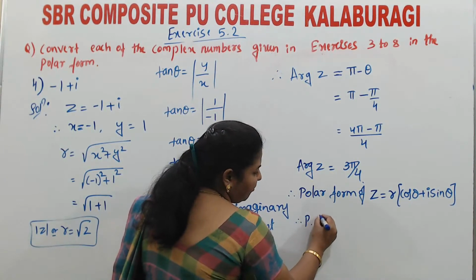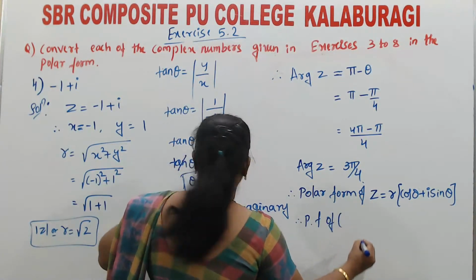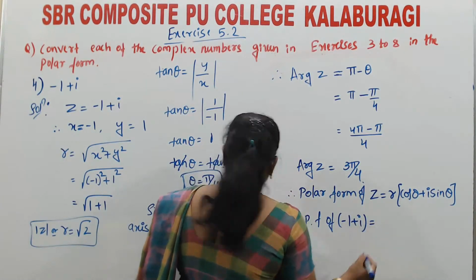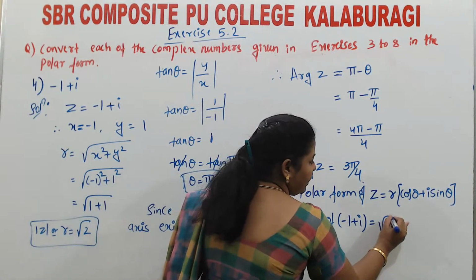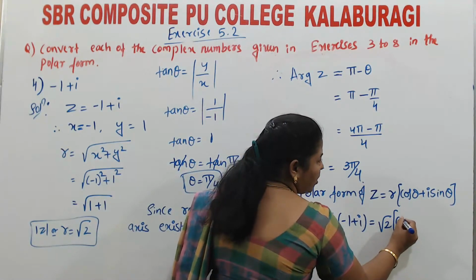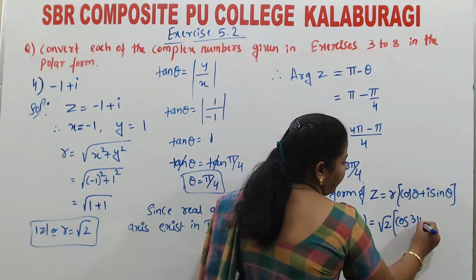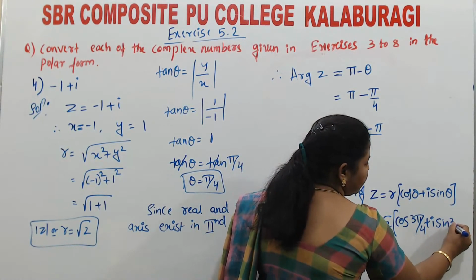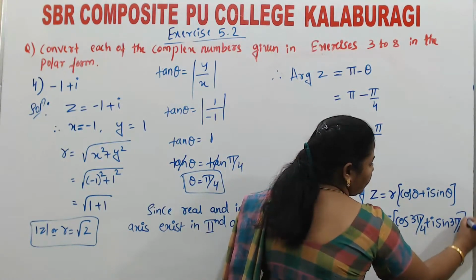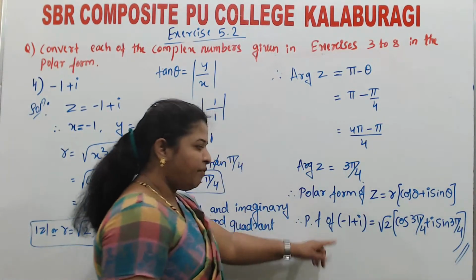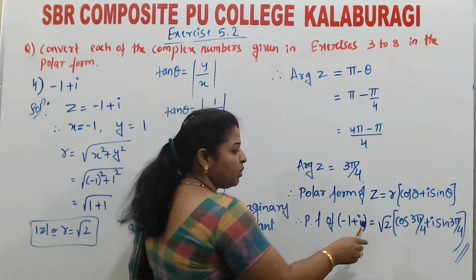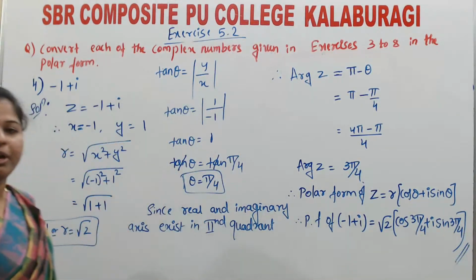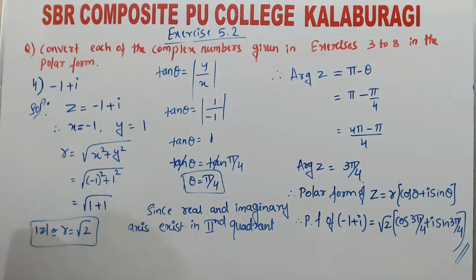Therefore, the polar form of the given complex number minus 1 plus i is equal to, what is r? r is root 2. Then cos 3 pi by 4 plus i sin 3 pi by 4. The polar form of this complex number is root 2 cos 3 pi by 4 plus i sin 3 pi by 4. Is it clear?